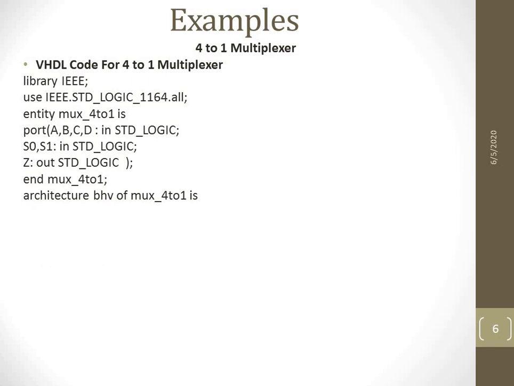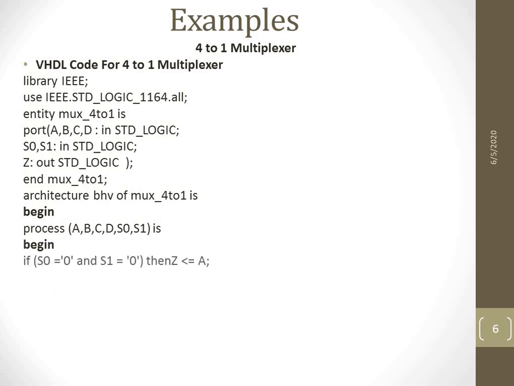For the architecture, I am writing it in the behavioral modeling style. I need a process statement, and within the process I have defined the sensitivity list. Then begin the process.